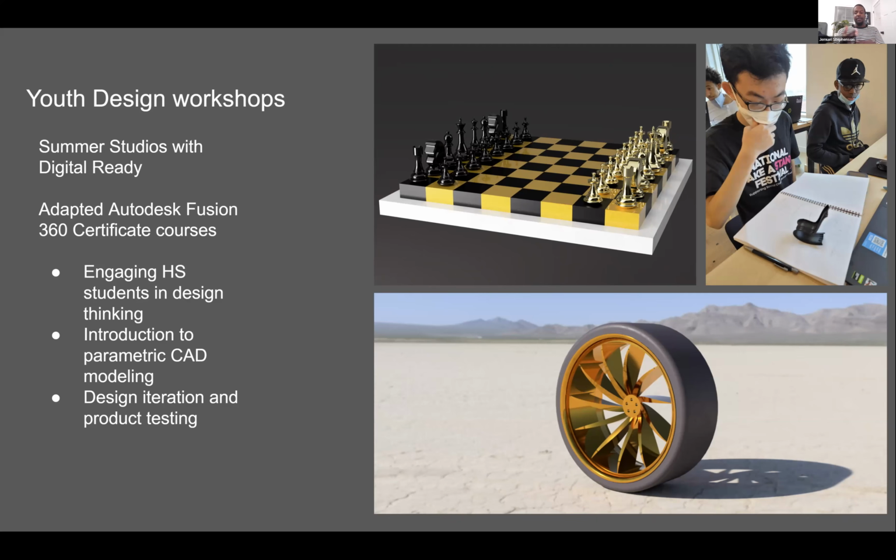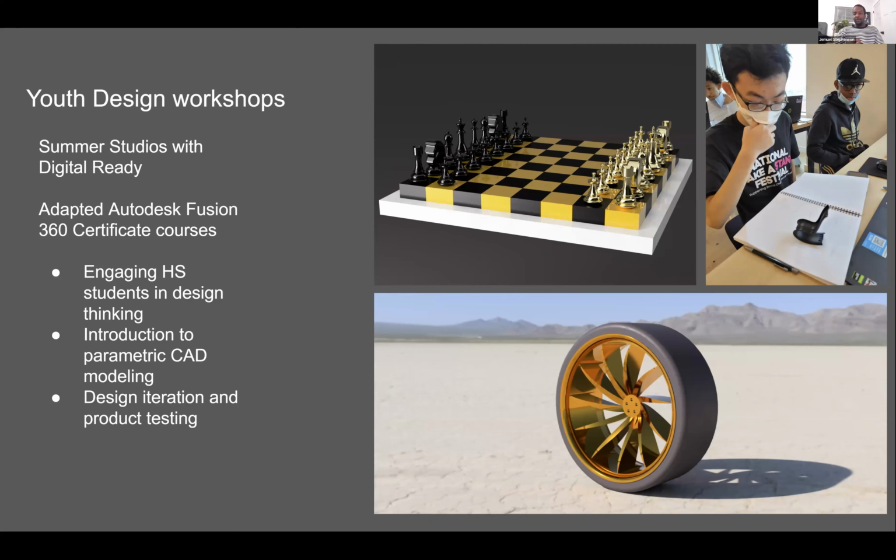But we have month-long boot camps or summer studios, we call them sometimes, and even during the rest of the year as well, where we've taken some of these Autodesk certificate courses, like the Autodesk Certified Associate in CAD for Mechanical Design, and adapted them to fit a 4-week, month-long process where we take all the students through all your extrusions, all things that you might need to do to be able to make different products, and do it in a way that is fun and engaging.